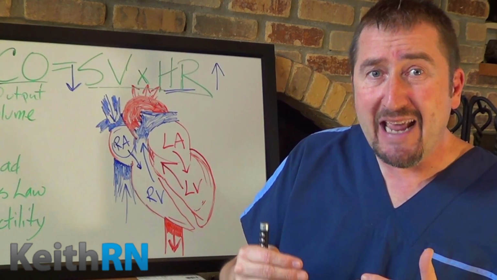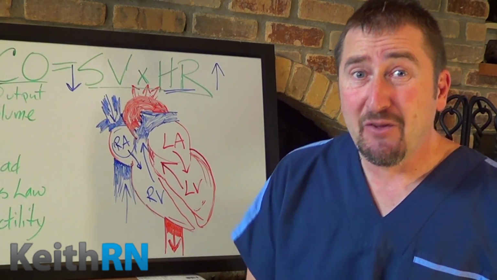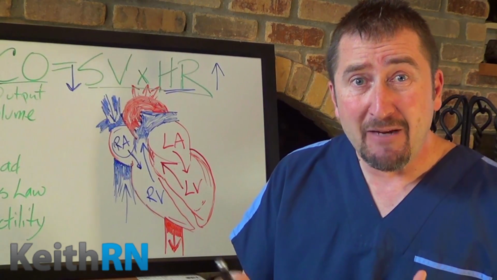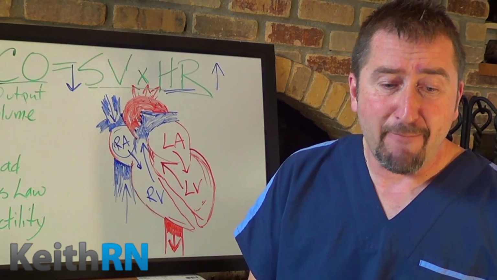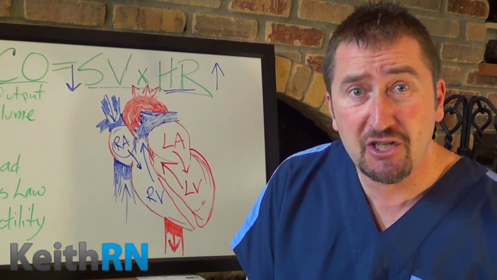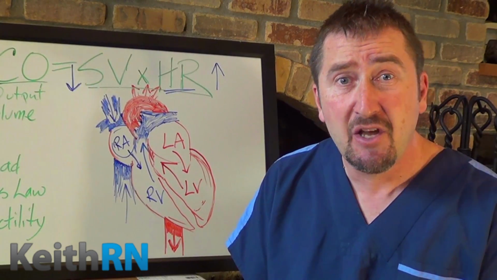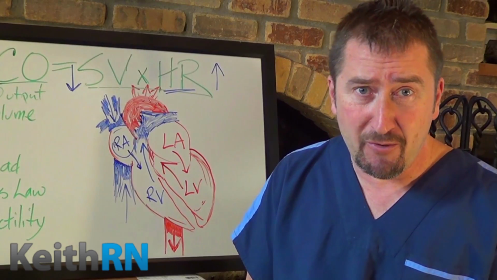That's going to result in a higher stroke volume, as well as increasing the workload of the heart, which is going to be responsible for that person's decompensation. A fluid volume deficit, whether due to severe dehydration, gastroenteritis, or any shock state, is going to result in a lower stroke volume.